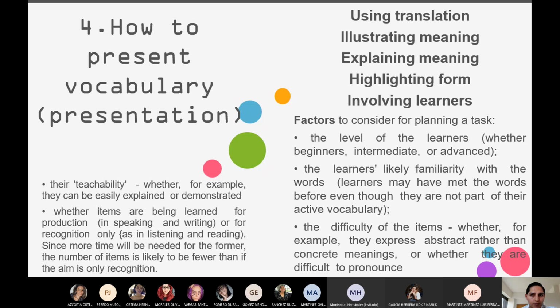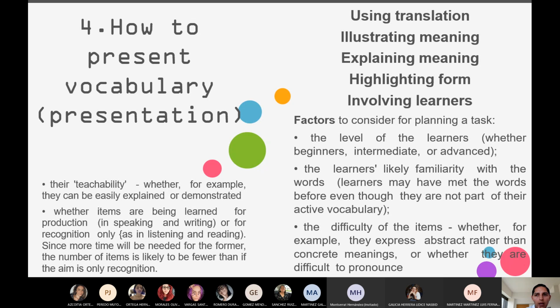Illustrating meaning, explaining meaning, highlighting form, and involving learners. This is the way you present vocabulary. And now you can remember the different approaches we have, inductive and deductive approaches.